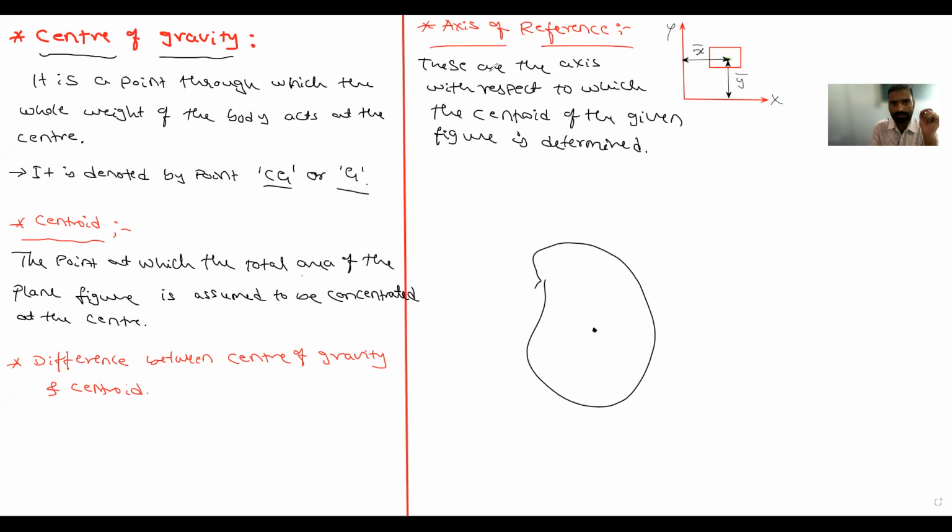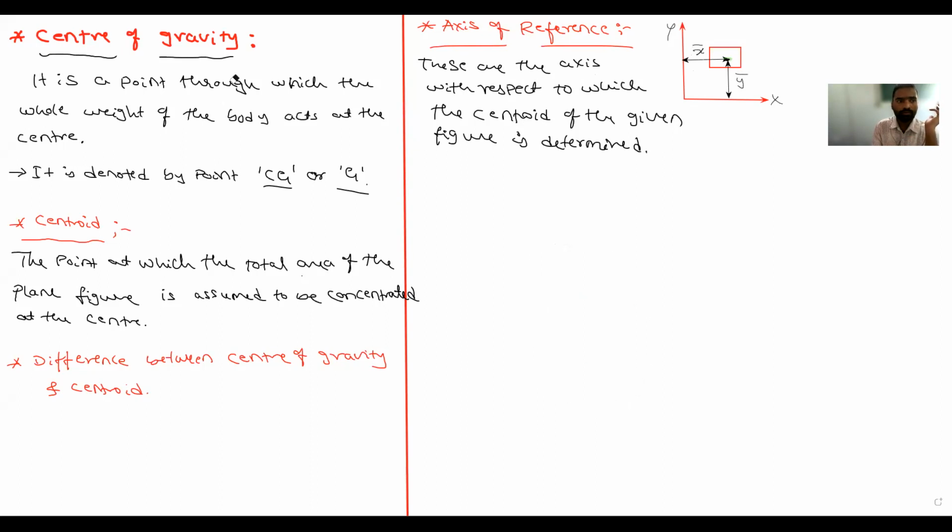The definition goes like this: these are the axes with respect to which the centroid of the given figure is determined. This is a figure, and we located its centroid with respect to these axes; those axes are called axis of reference, or reference axis. Is it clear? Yes, sir.